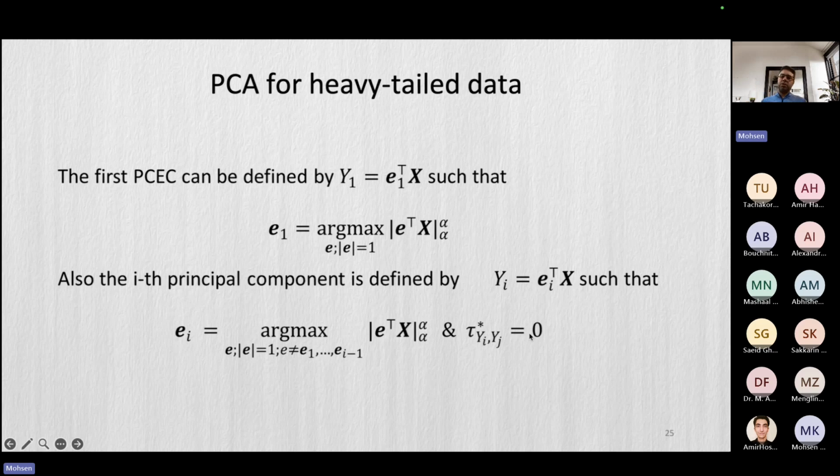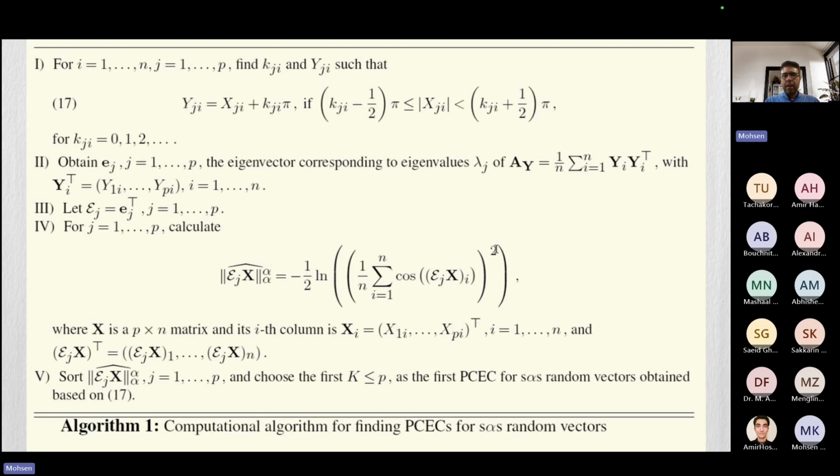We use the same strategy, but instead of using the correlation and the variance, we use the covariation and codifference. After some simplification and some adjustment in the data, we propose the following algorithm and show that this algorithm corresponds to the definition of the principal component based on the codifference and covariation.